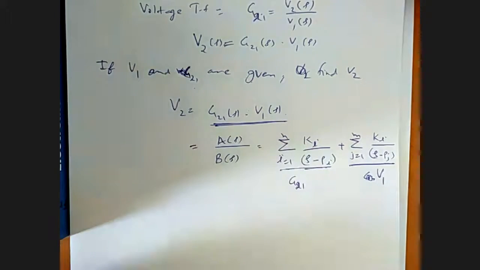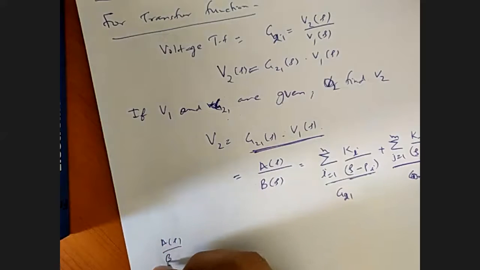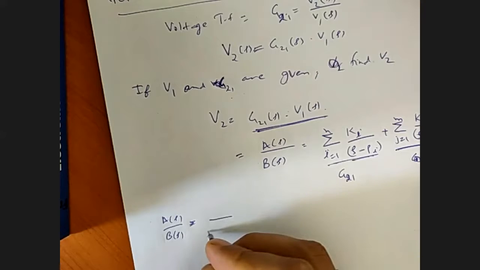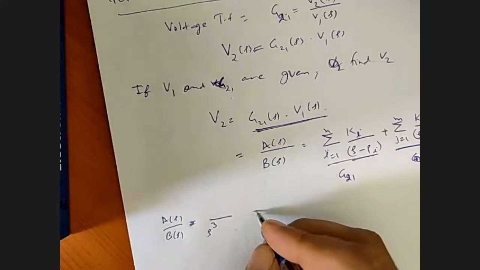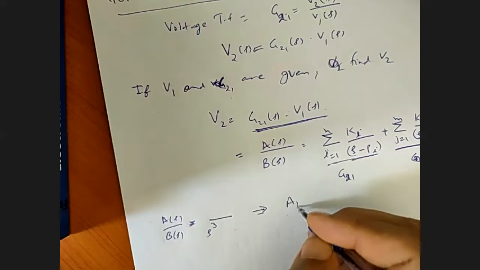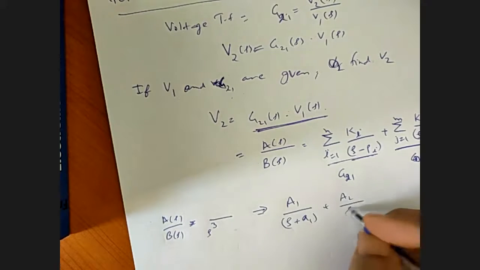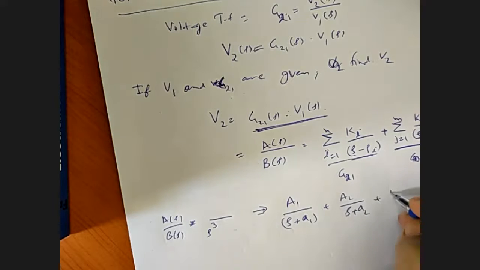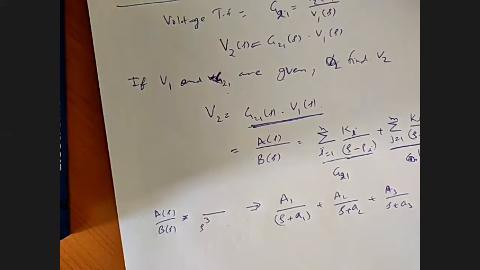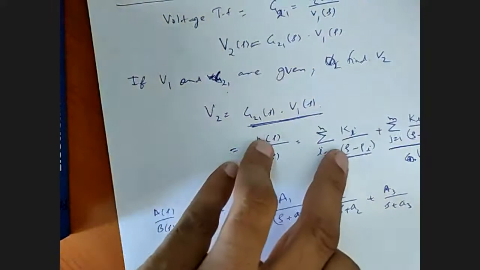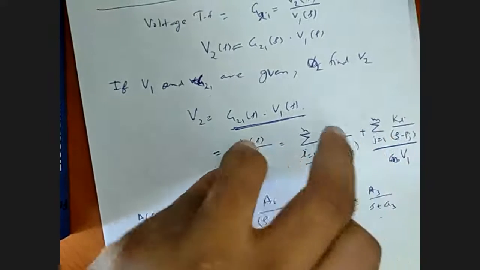If you remember partial fractions of A(s) upon B(s): if the power of s in the denominator is 3, it will become A1 upon (s plus a1), A2 upon (s plus a2) and A3 upon (s plus a3). On the basis of the order of the denominator polynomial we will have this. This is the expression of partial fraction.